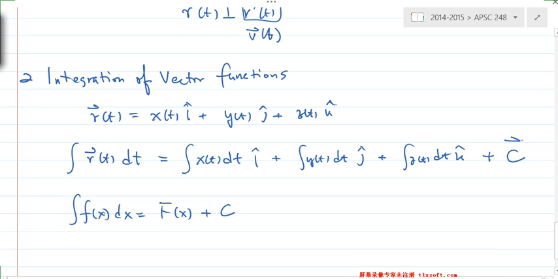That's beautiful here. Because just as with this scalar function, the derivative of this capital F of x, which is called the antiderivative, or the derivative of the right side, should give you back this small f of x. So the derivative of this whole thing here should give you back this one here. Okay?